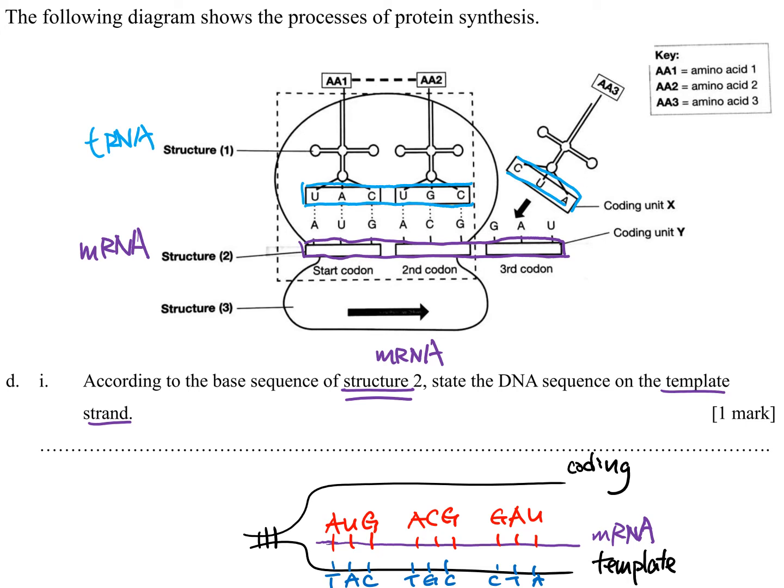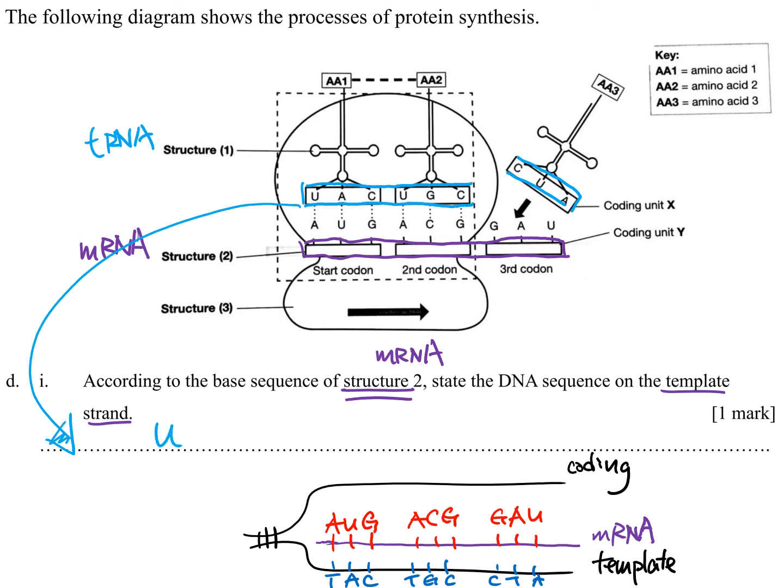But the U base in the tRNA is changed to T base in the template. So you can just copy the tRNA strand but change all the base U to base T. Then you will also get the answer like this.